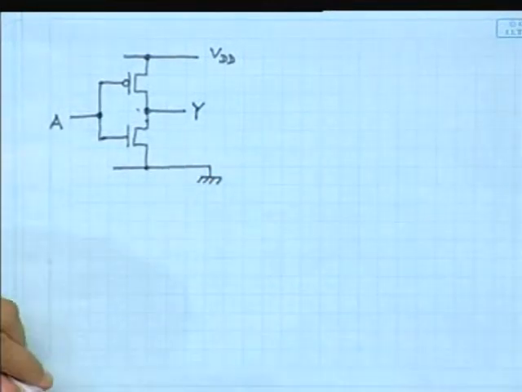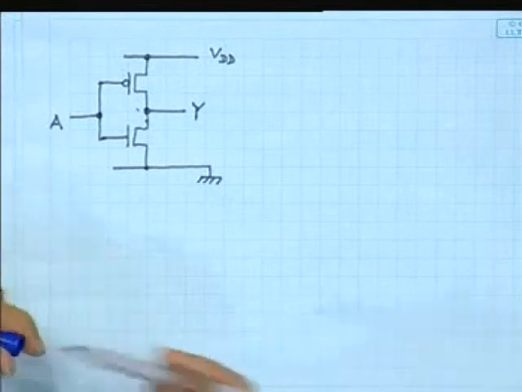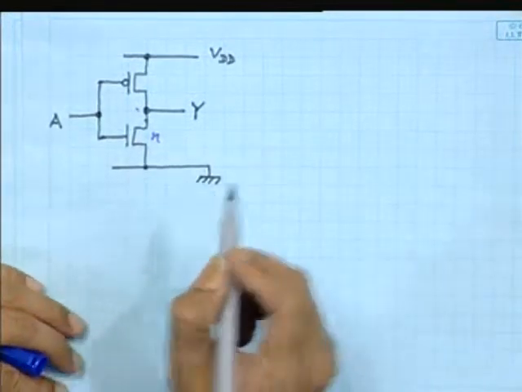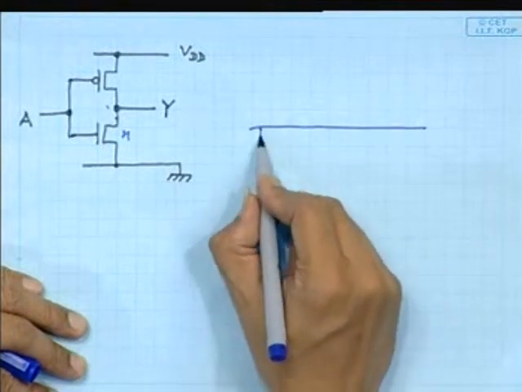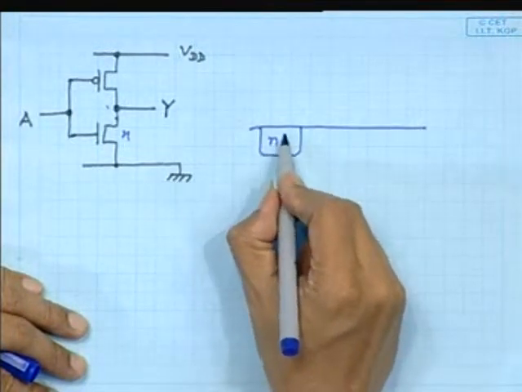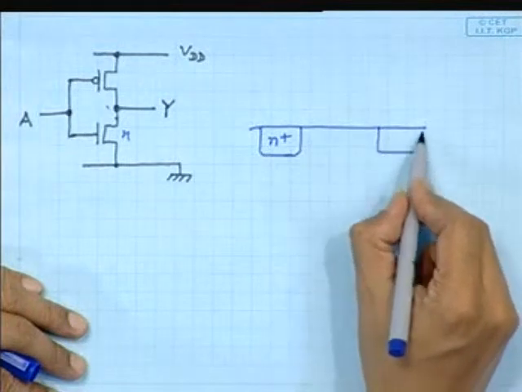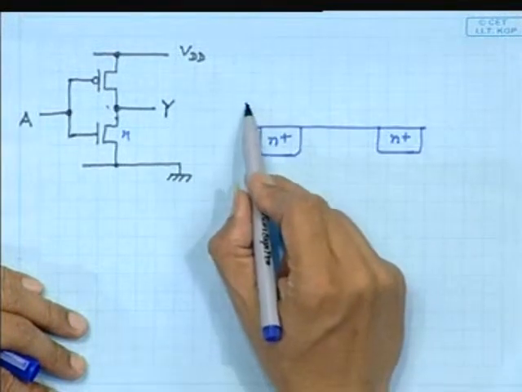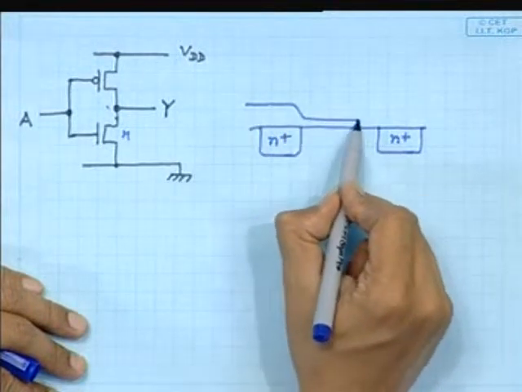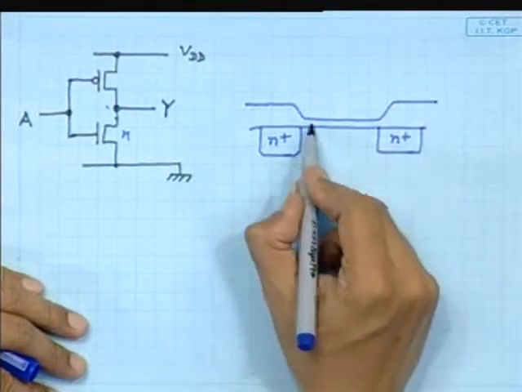So now how does it work? If we think about an n-type transistor, and if we look at its structure, I am once again just drawing the schematic of that. This will be the source or drain, and this will be the other terminal, that if the first one is source, the other one will be drain, and this is once again silicon dioxide. Here the thickness is much smaller.